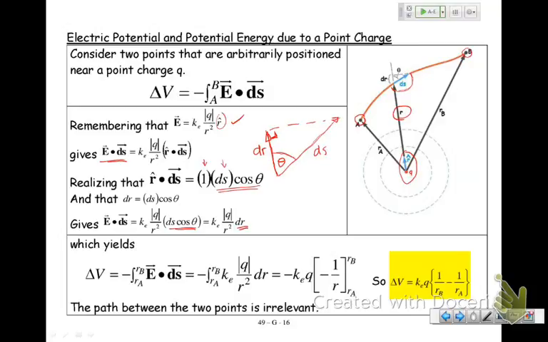Delta V equals k_e Q times 1 over r_b minus 1 over r_a. Now, remember, minus and minus make plus. So that negative sign has been incorporated in this. So this is a positive value with the negatives in there. I've not forgotten that negative sign. I incorporated it. Just believe the equation.